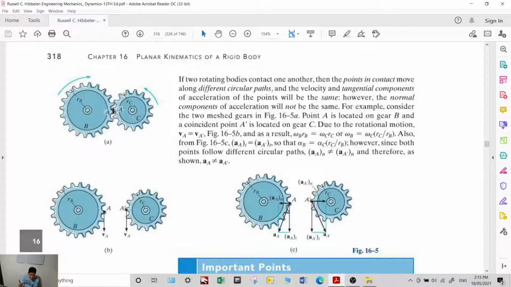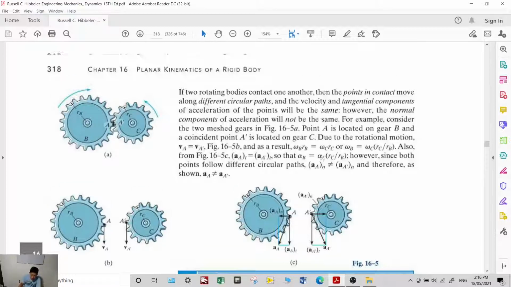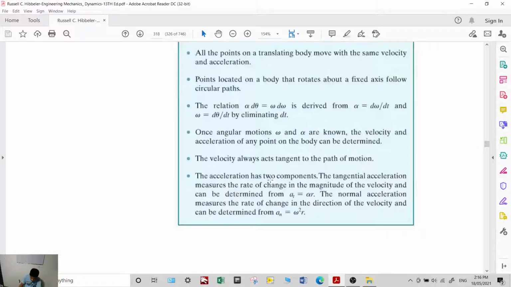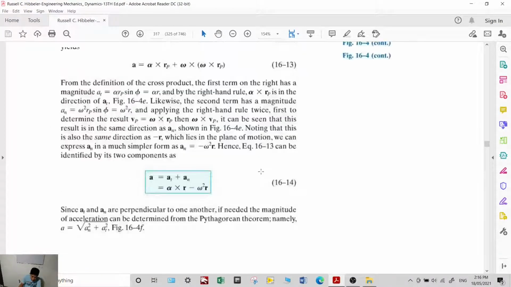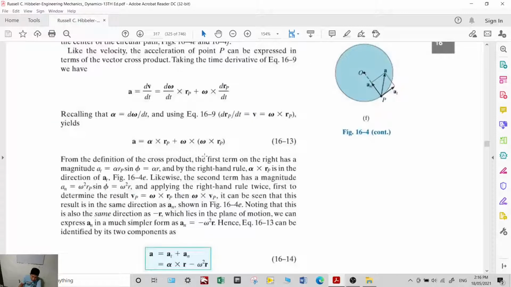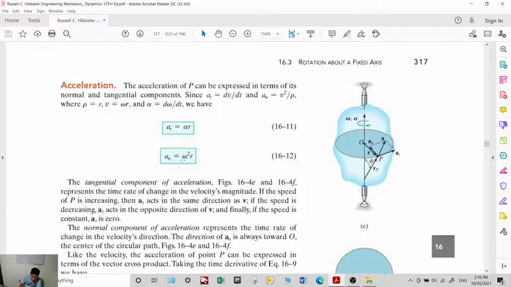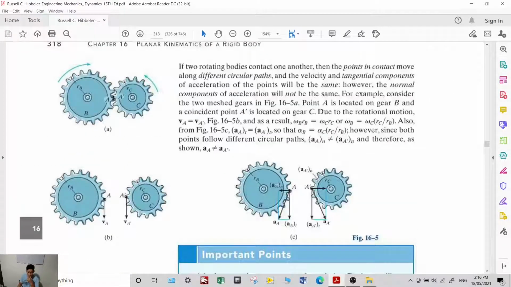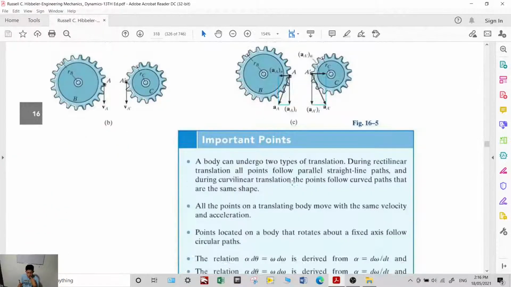The same sila og tangential acceleration, but dili sila the same og normal acceleration, kay lahi man sila radius. Okay? Remember nga ang normal nimo is kani, right? Anyway, we'll have an example of this later on.